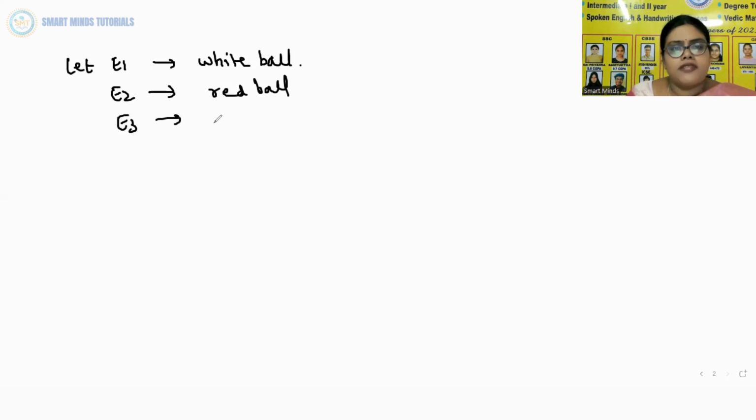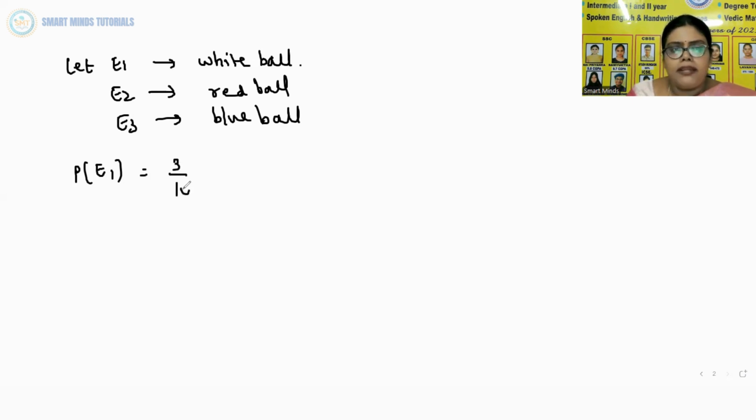Let us say E1 be the event of selecting a white ball, E2 be an event of selecting a red ball, E3 be an event of selecting a blue ball. Now first, what is the probability of E1?